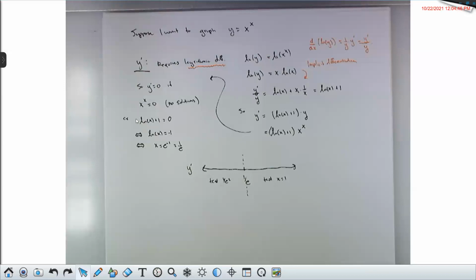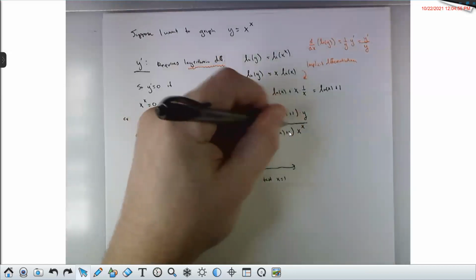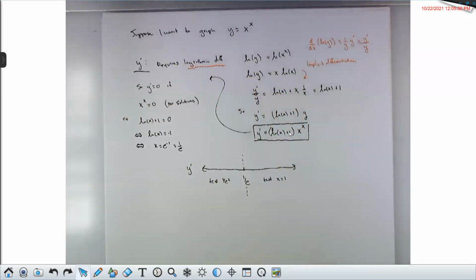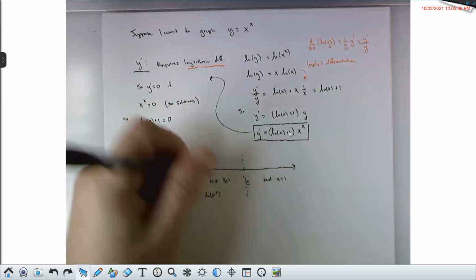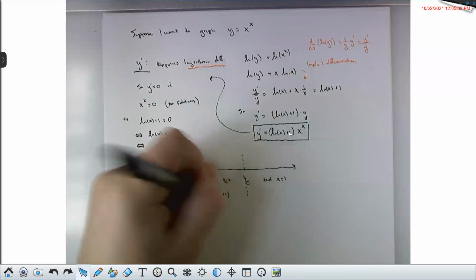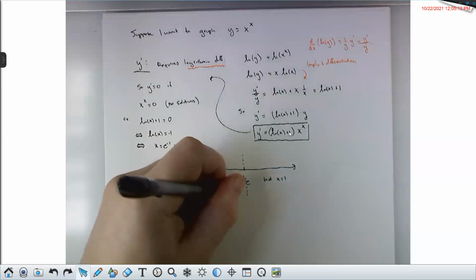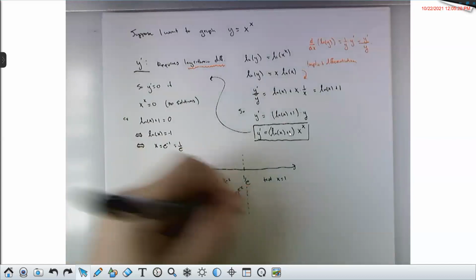Okay. So let's come back here to our y prime, which is this thing. Put it in a little box here. If I plug in 1 over e squared, I'll have the natural log of, I'll write it as e to the -2 plus 1 times e to the -2 raised to e to the -2, which is certainly a scary looking expression, but it's not too scary for us to manage.